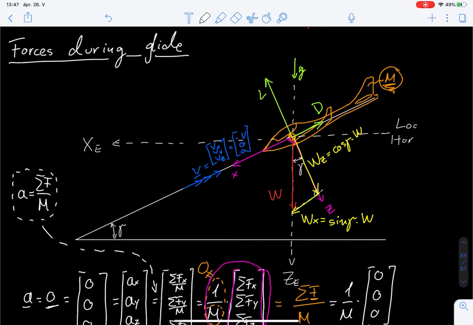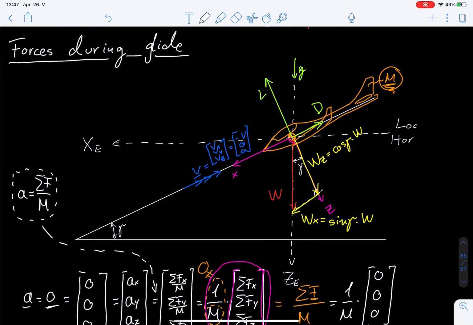And again, what is the tangent of this flight path? So the tangent gamma of this flight path is going to be, if we have right here the local horizontal, so this is basically the ground, right?